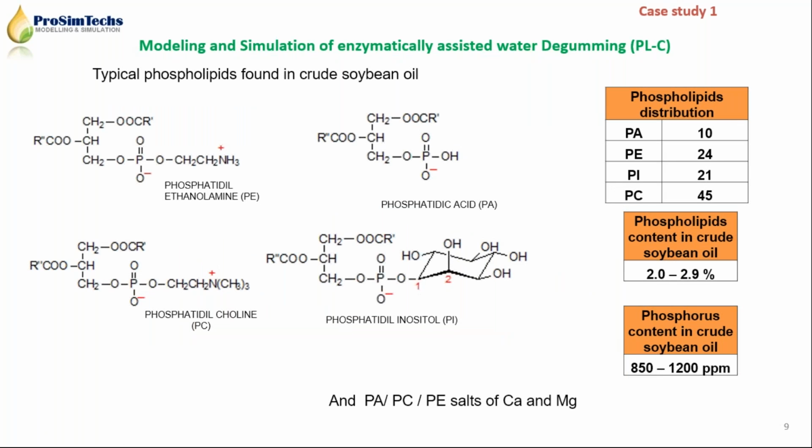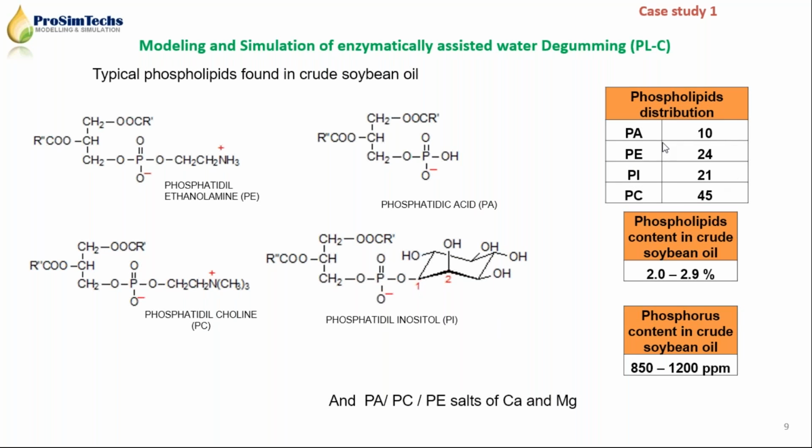Okay, so in this slide I have put those phospholipids typically found in soybean oil. These are the phosphatidylethanolamine, the phosphatidylcholine, the phosphatidic acid, and the phosphatidylinositol.